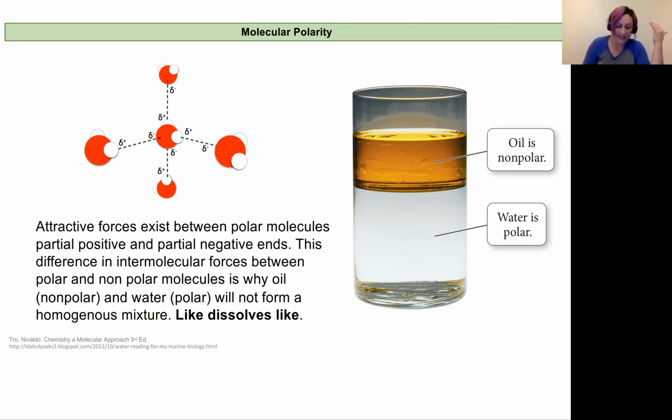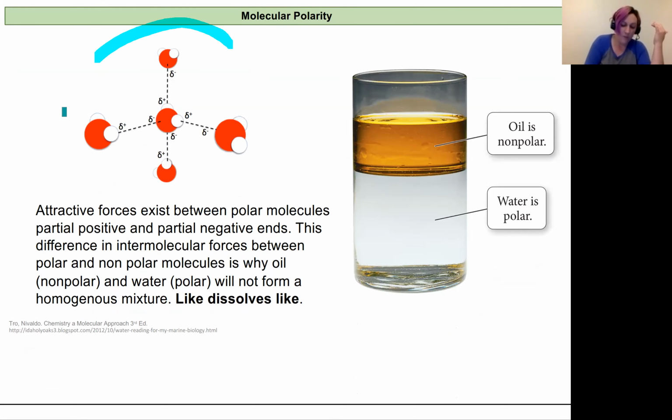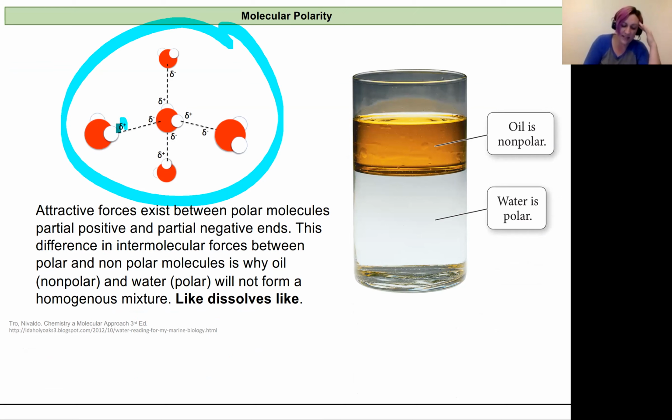And so this is an example right here of water molecules interacting. And what they do is they line up their partial positive end with the partial negative end of another molecule, and it creates a slight attraction that is stabilizing. And so it's going to be very easy for things that have these partial positive and negative charges to interact with one another. And so they dissolve one another in a solution.